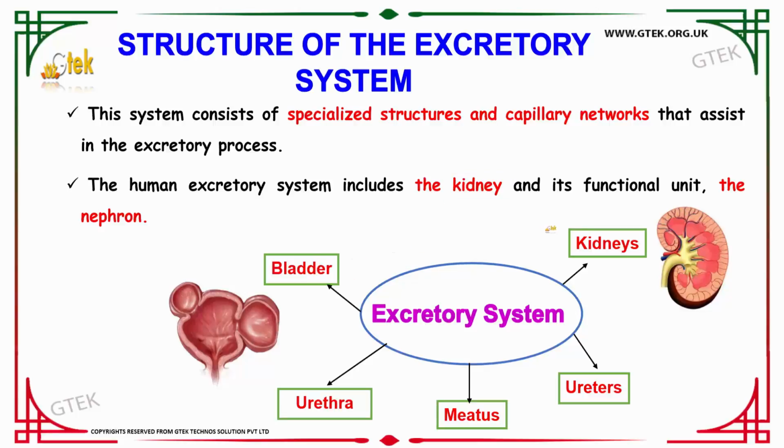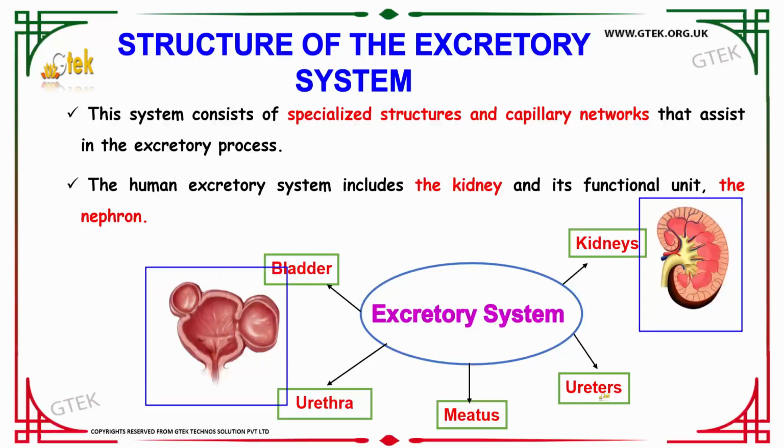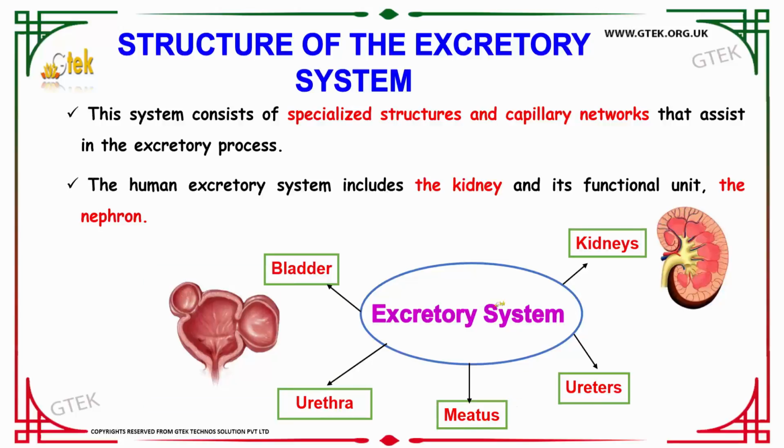These are the organs which help in excretion of unwanted waste from the human body, and those organs are your kidney, your bladder, your ureter, your urethra and the meatus. So these are the structures of your excretory system and the organs which help in excretion.